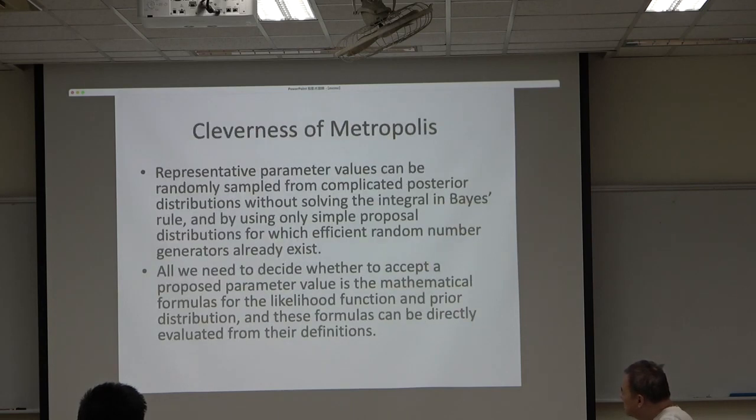But this slide is important. This is why the Metropolis algorithm is so important, why it is considered very, very good. Representative parameter values can be randomly sampled from complicated posterior distributions without solving the integral in Bayes' rule.